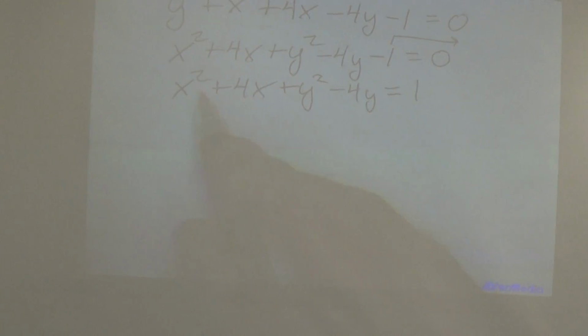We're going to make this a perfect square trinomial. We're going to make this a perfect square trinomial. So that means that we have to add something to that one to make that happen. And we have to add something to that one to make that happen.